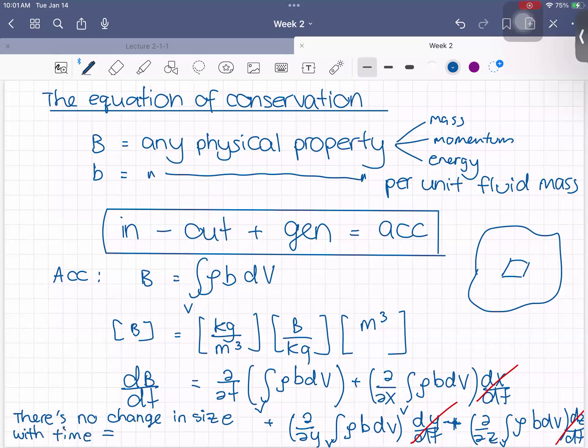So in this case, I would say that the volume is constant, sorry. Does it make sense?